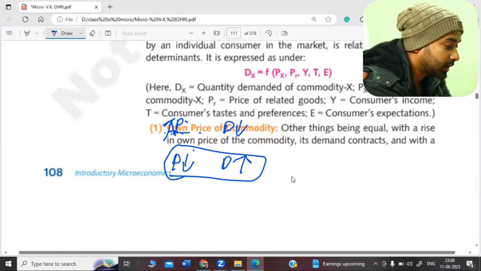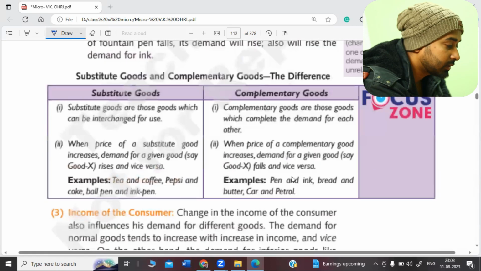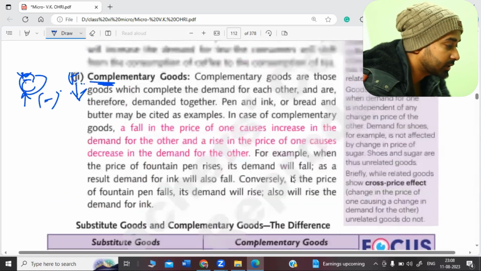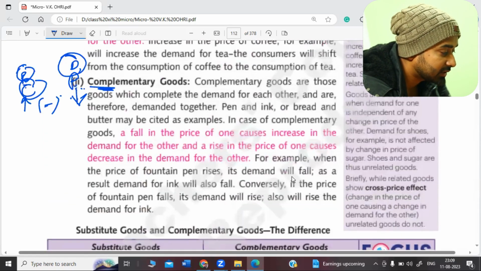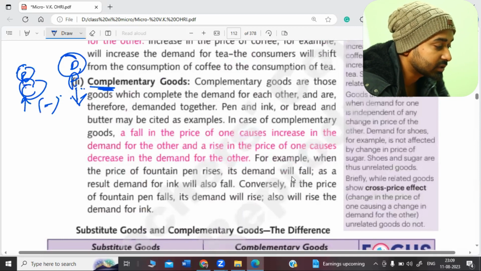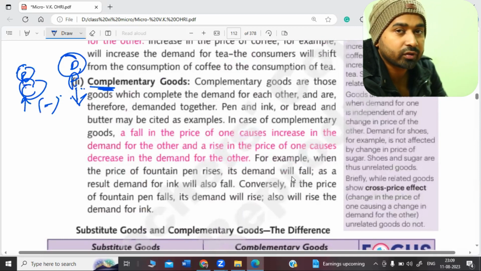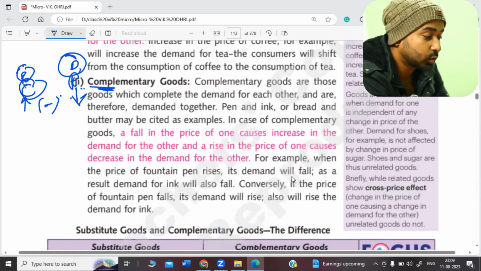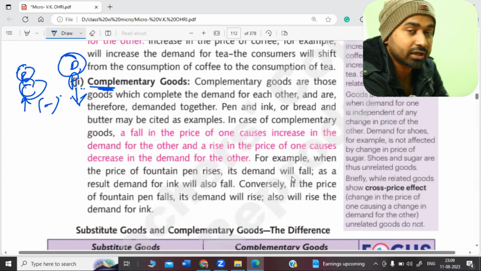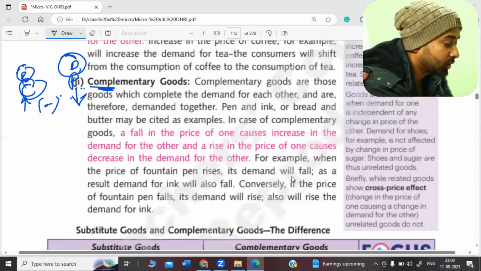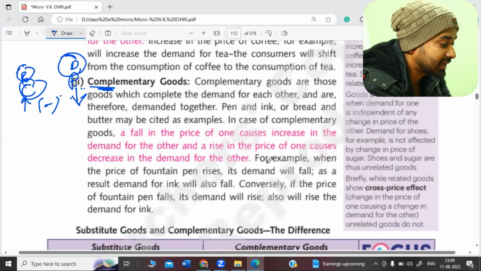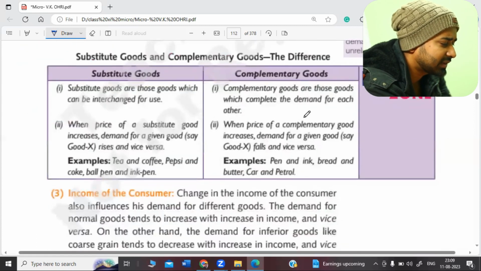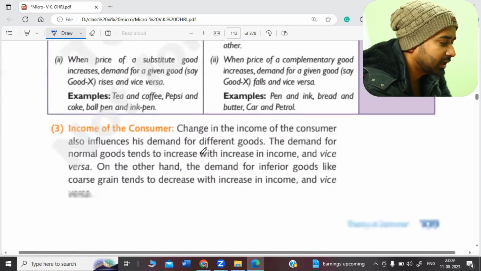And the other one is complementary goods: price of car increases, petrol demand decreases, negative relation. Whatever remaining we are going to see, all are positive relation. For remembering purpose I am telling you, only two determinants have negative relation, and all the remaining are positive relation.